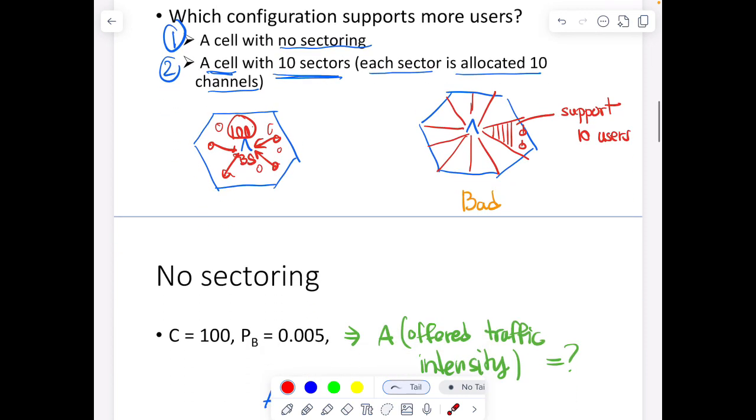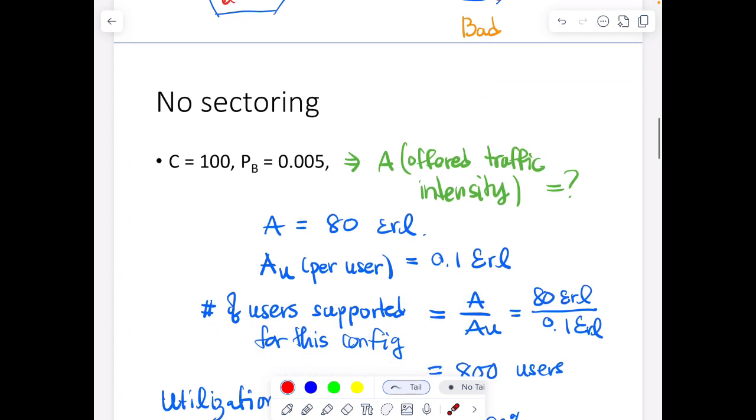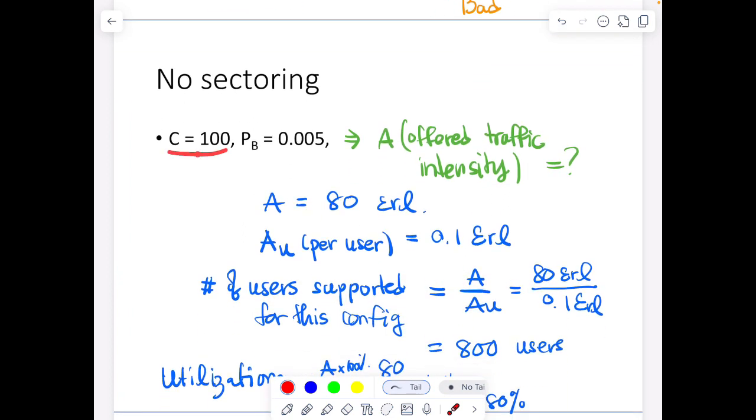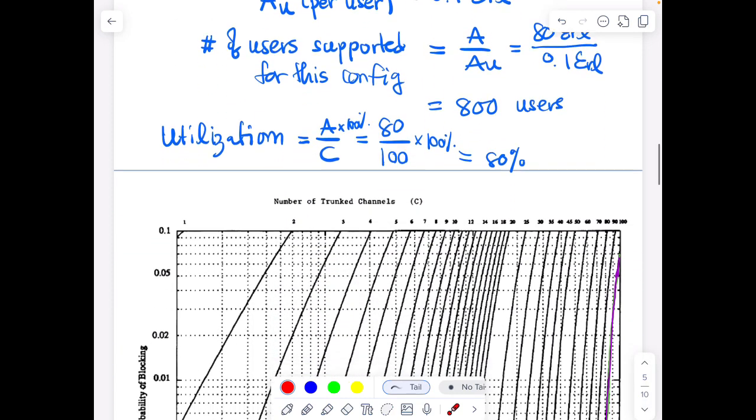Okay, so let's consider no sectoring first. Remember the number of channels is 100, and blocking probability is equal to 0.005. Now we want to find the offered traffic intensity. Remember, we can model traffic intensity from the Erlang B model, so we can use the formula, but in this case it's easier to look at the chart.